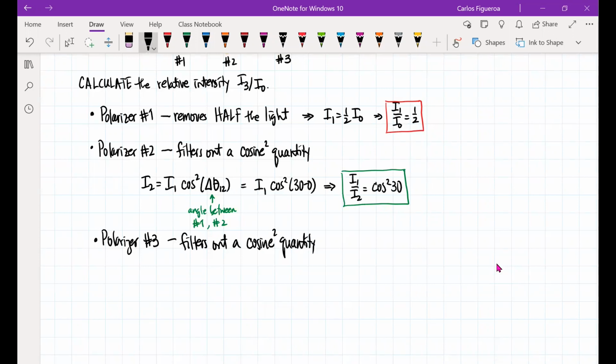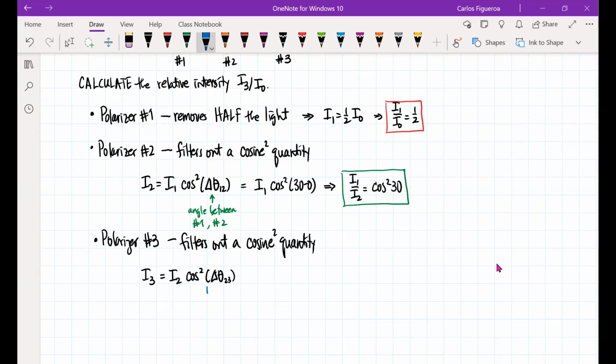It's not filters out. It lets through a cosine squared quantity. So the word filters out is not correct. So I3 is going to be I2 times cosine squared of the angle between 2 and 3.